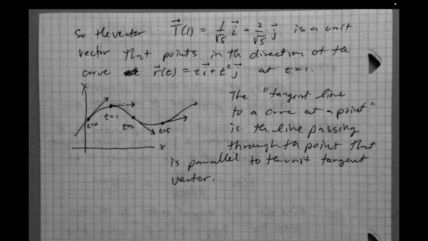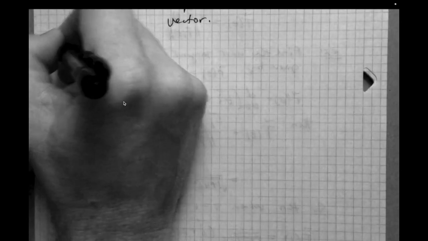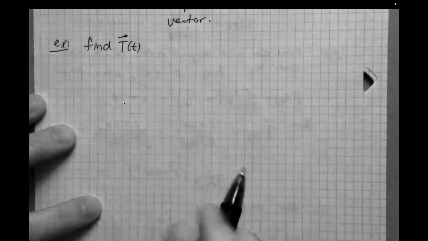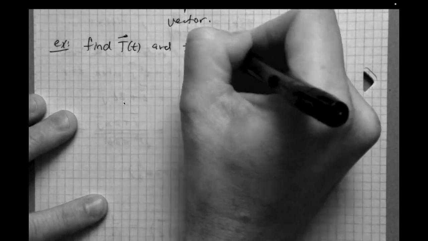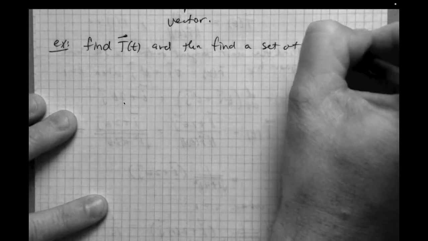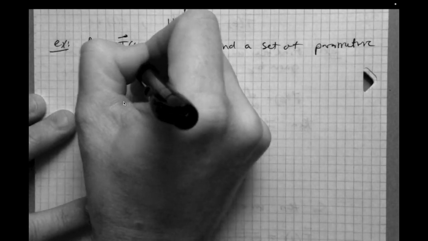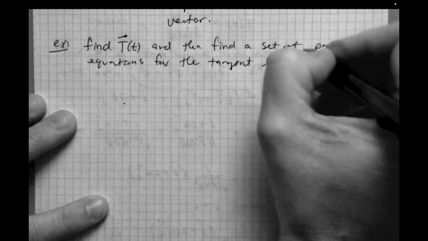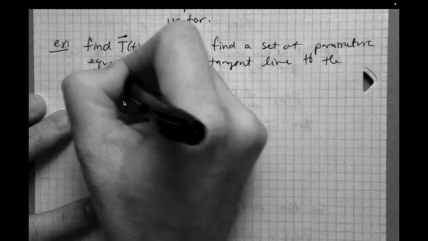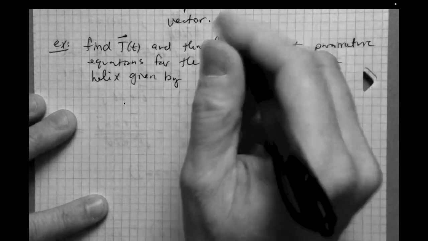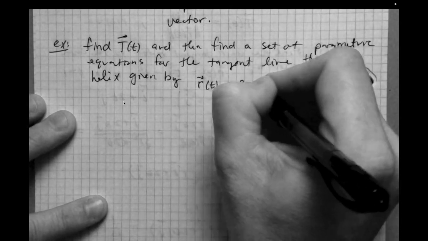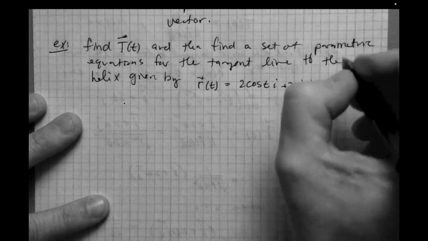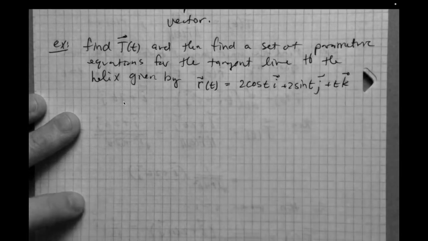Okay, let's look at an example. Let's find T of t, the unit tangent vector, and then find a set of parametric equations for the tangent line to the helix, and this is a specific curve called a helix, given by the vector valued function 2 cos t times i plus 2 sine t j plus t k.